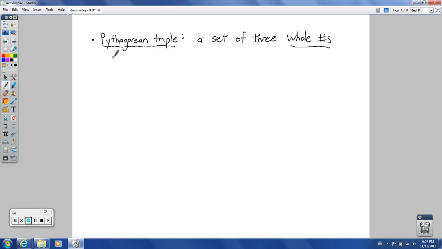Set of 3 whole numbers that, in layman's terms and in kind of more loose, less formal terminology, I would say actually works in the Pythagorean theorem. So your book defines it more technically. I like the technical definition, but I think this is how it will make sense to more of you.